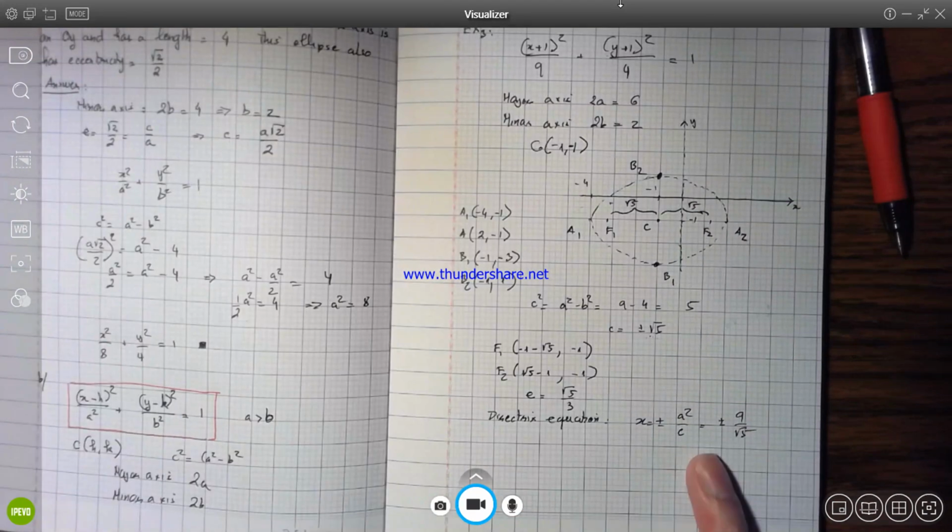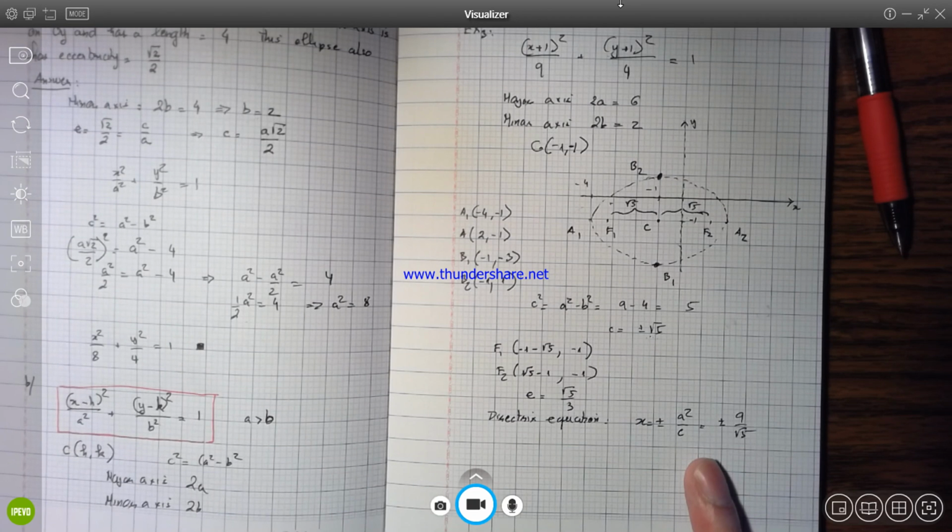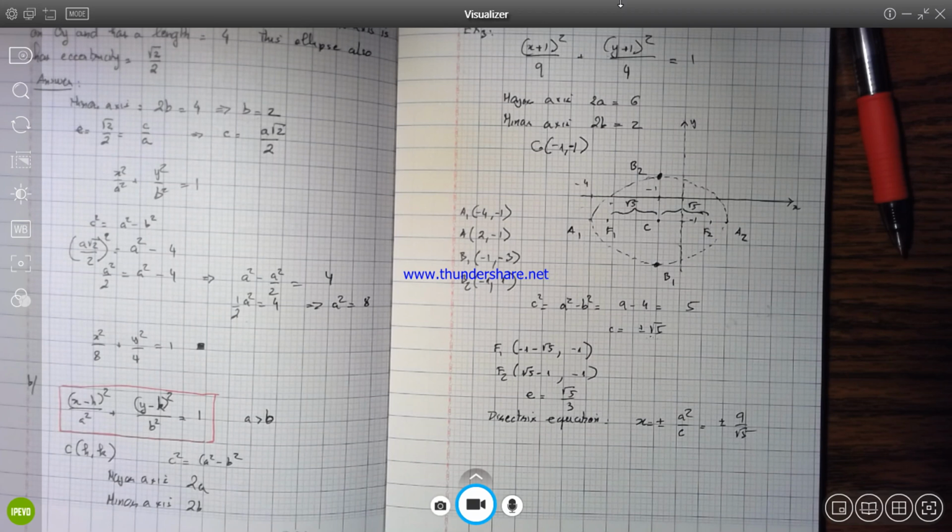So this won't be changed. Let me check one more time. Yes, I'm sure. It won't be changed because it's just the equation, so it cannot be changed.